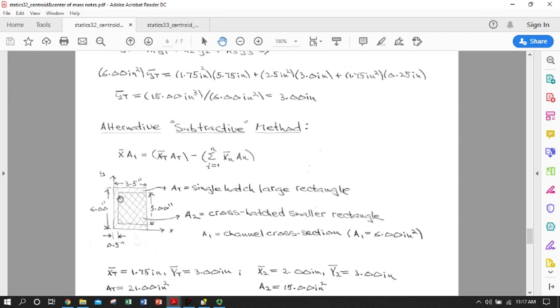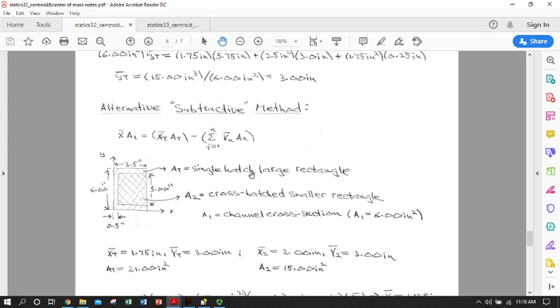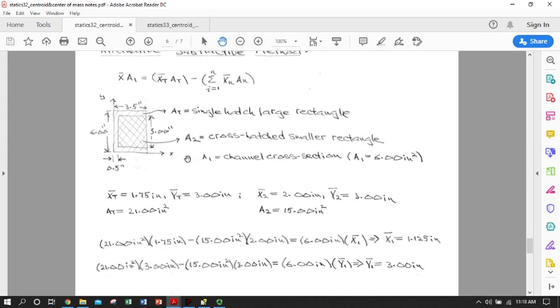Then I could subtract the interior, which is the sum of everything else in there, and get the centroid for what's remaining. So the centroid of this part will be skewed a little bit over to the right from the greater whole. So basically you can subtract to get parts as well. It's a totally analogous procedure.